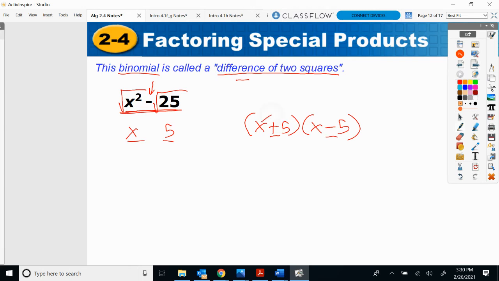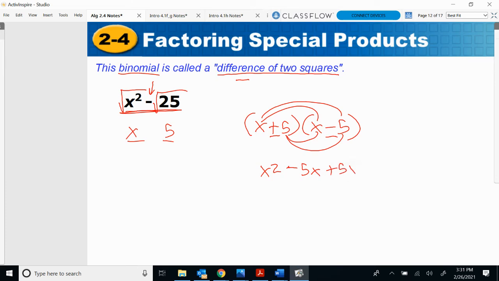If you went through your FOIL steps, you would end up getting x squared minus 5x plus 5x minus 25. Those terms would cancel out at the middle, and you're left with x squared minus 25, which is exactly what we had up there.